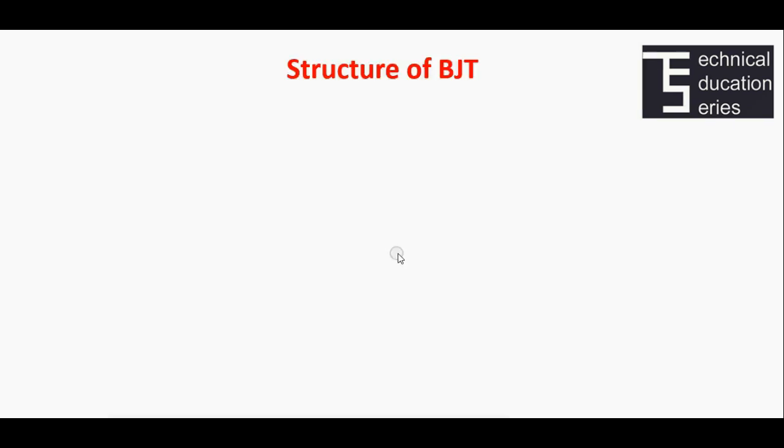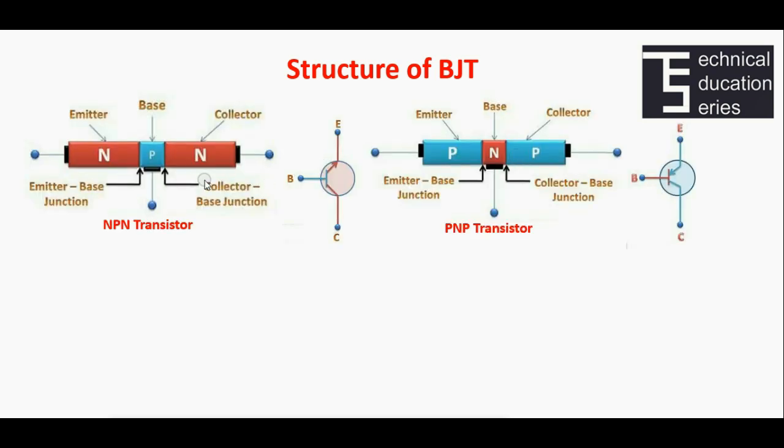Now let us start the structure of BJT. Bipolar junction transistors can be structured in two different ways as NPN and PNP. If a thin layer of P-type semiconductor is sandwiched between two N-type semiconductors, the resulting structure is called an NPN transistor.